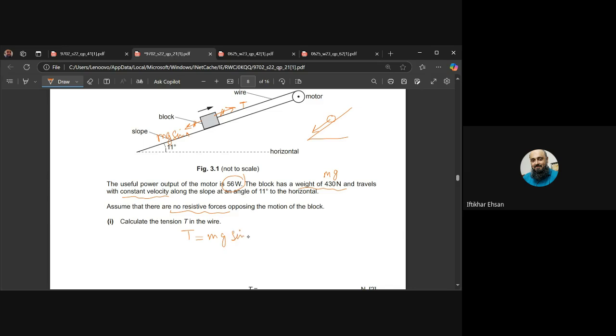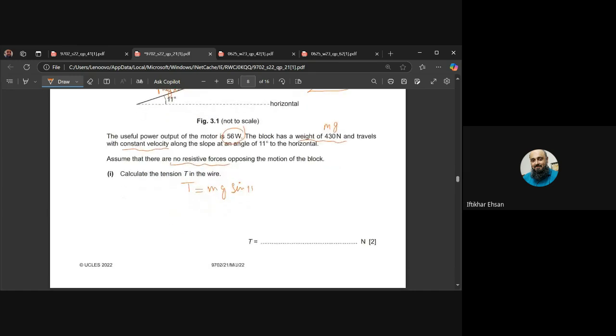We did this in the first chapter, didn't we? How useful those components have been. So mg together is 430 Newton, multiplied by sine 11 degree. If you could tell, it will be very helpful. What can be the answer, beta? 82 newtons.